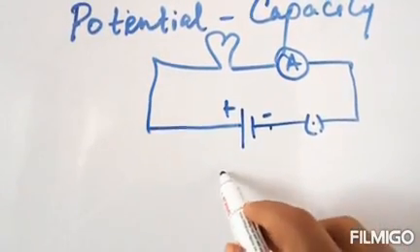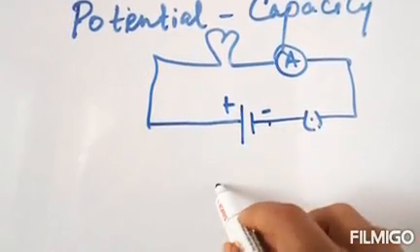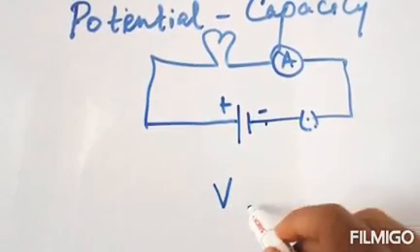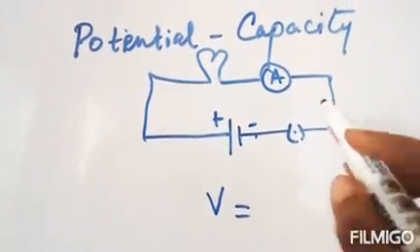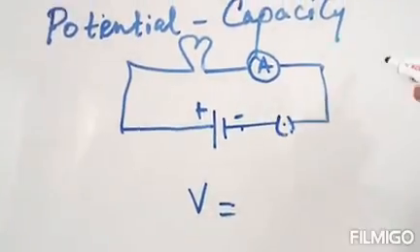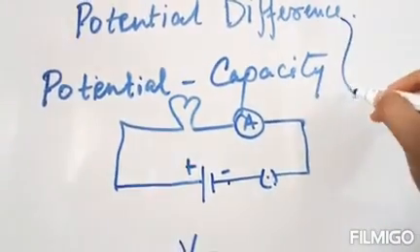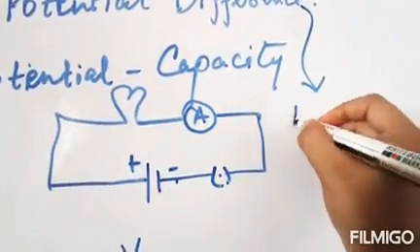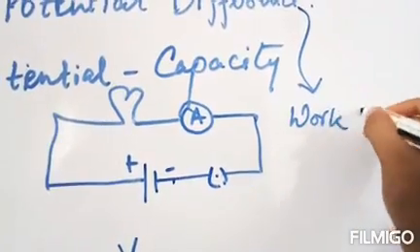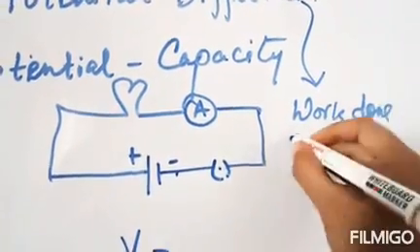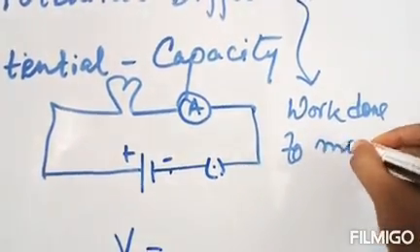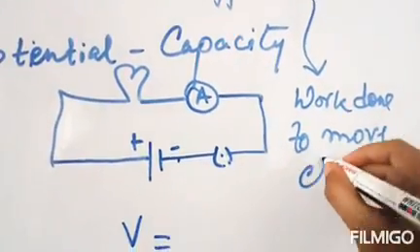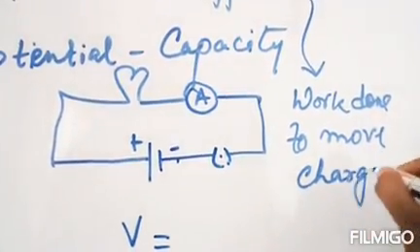If I define potential difference as V, then potential difference is work done to move charge, right? Work done to move charge.